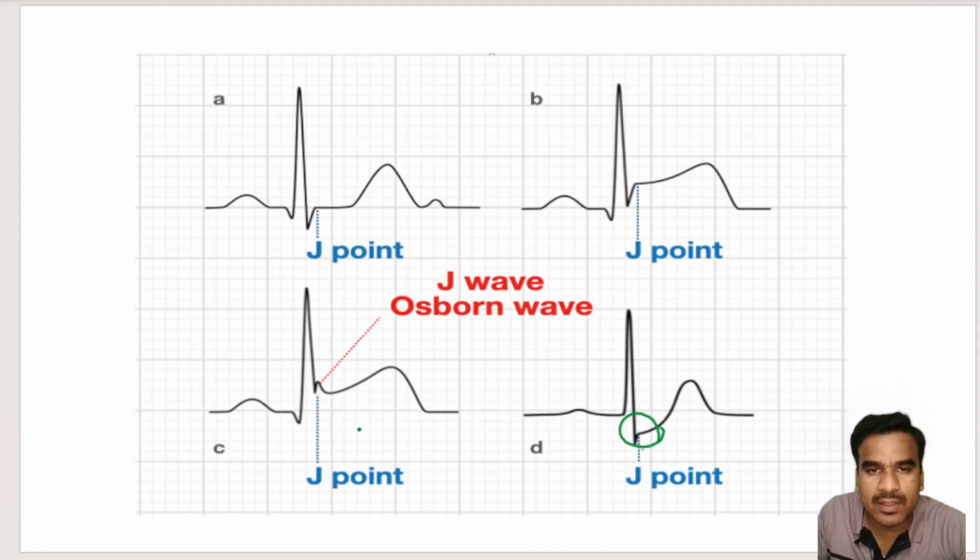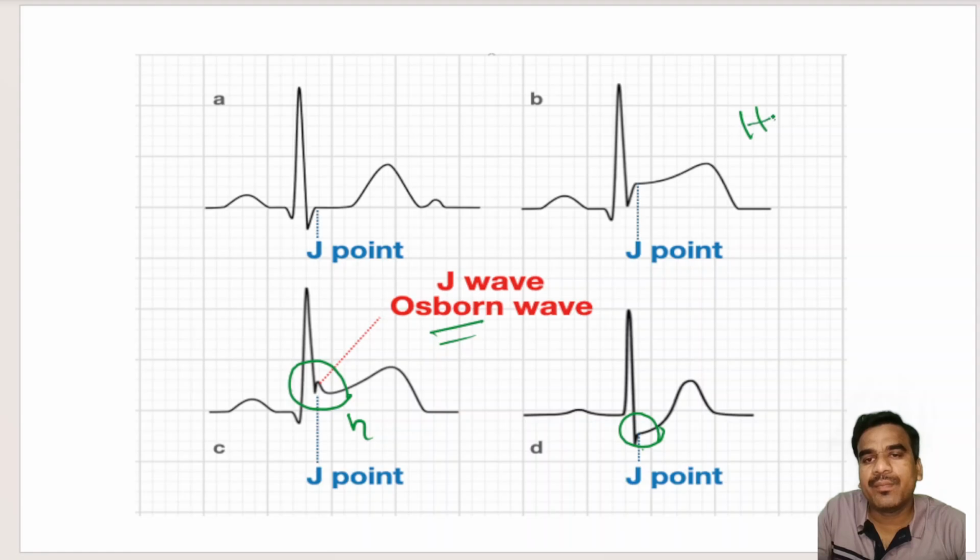Here we can see a curve like this; that is the J point. Once again I will show you here. This curve indicates the J wave, that is the Osborne wave, which is seen in hypothermia.